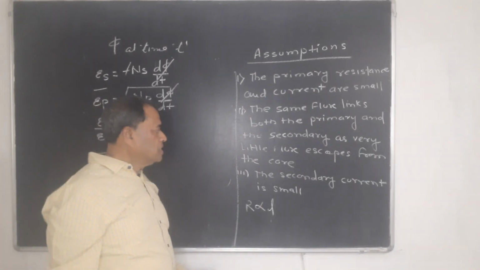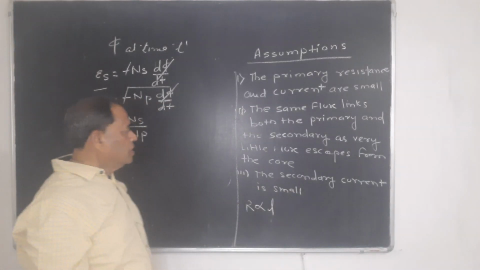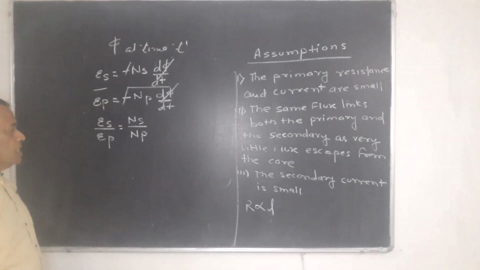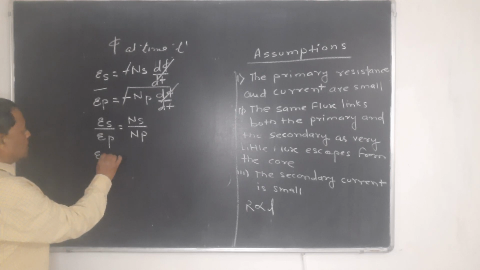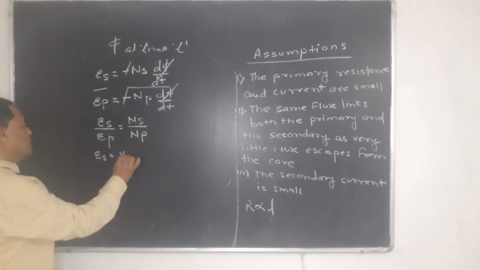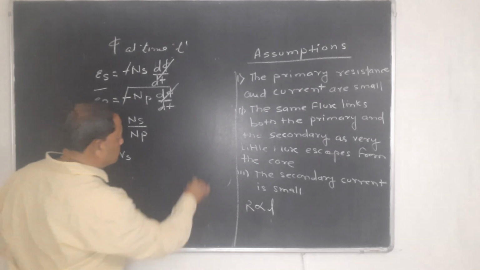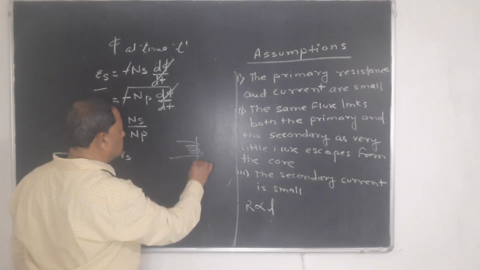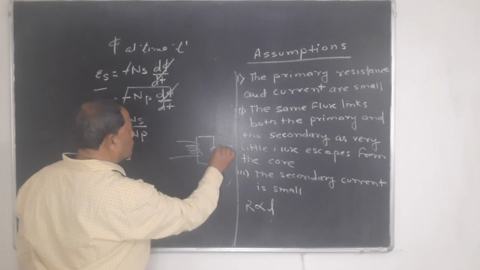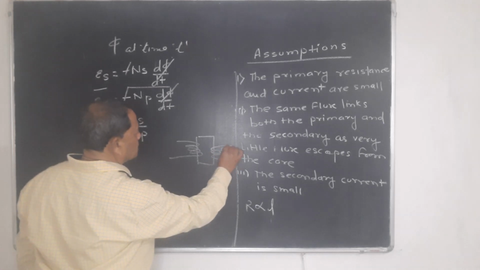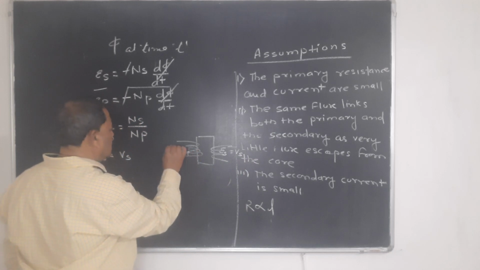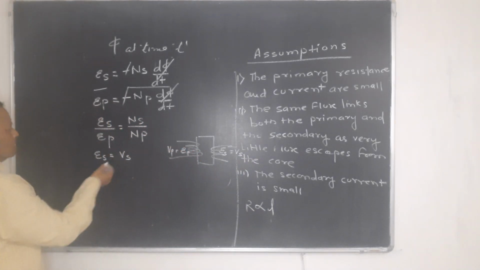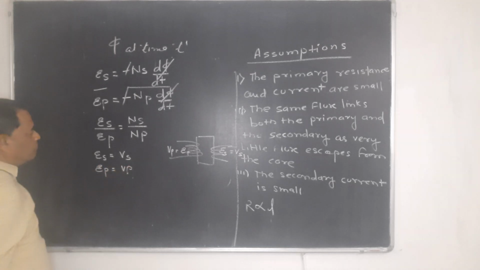Now, as per the third assumption, the secondary current is small, therefore the losses in the secondary are negligible. So we can say that Es is equal to Vs. Similarly, Ep is equal to Vp.